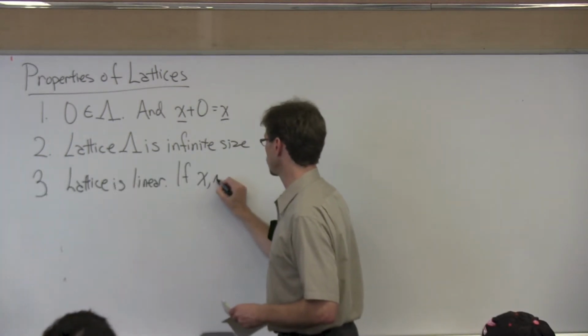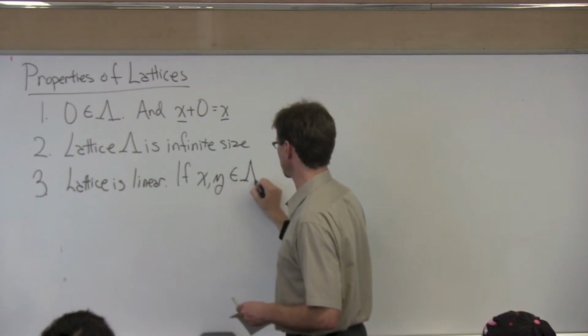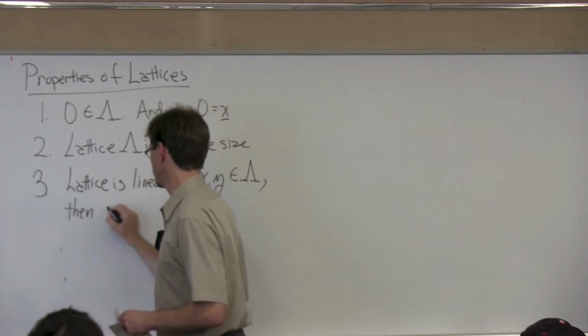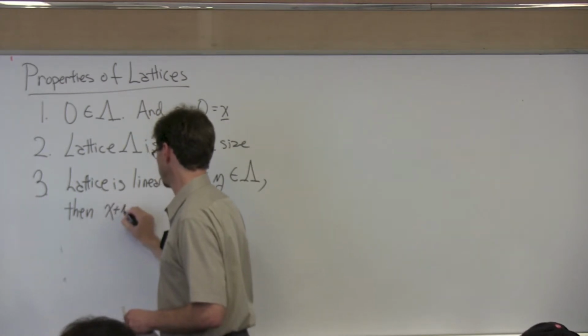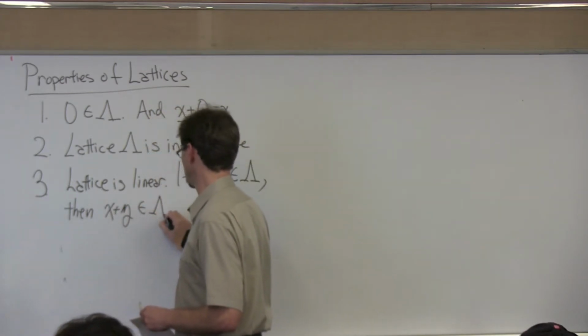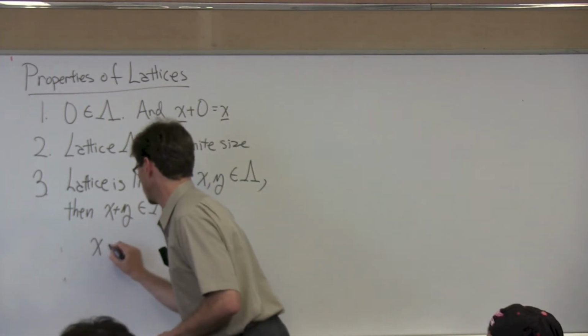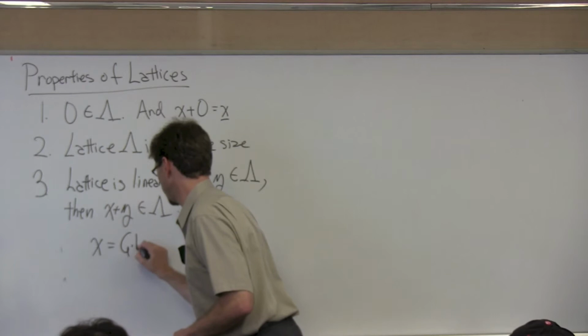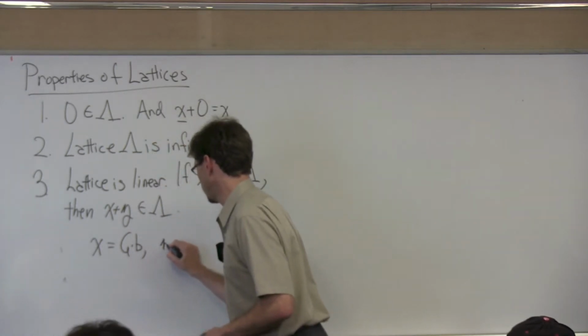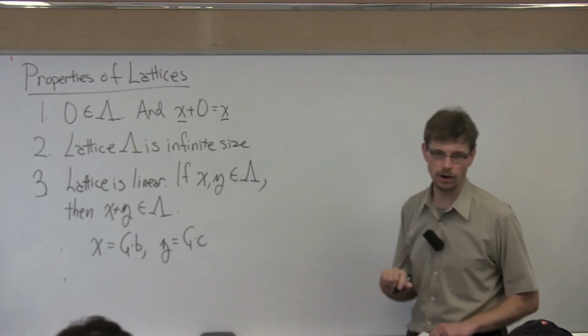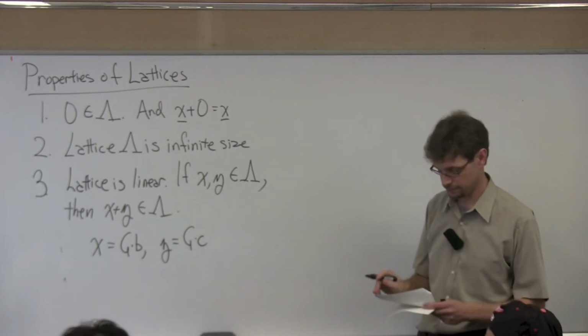Second, if x and y are elements of the lattice, then x plus y is also an element of the lattice. Suppose that x is equal to G times b and y is equal to G times c, where b and c are some integer vectors.